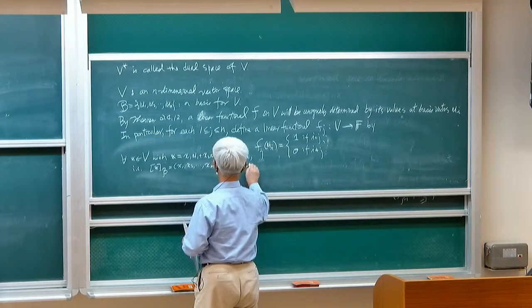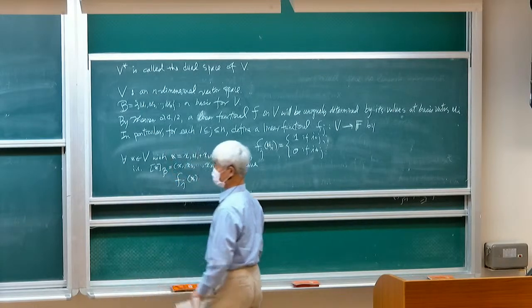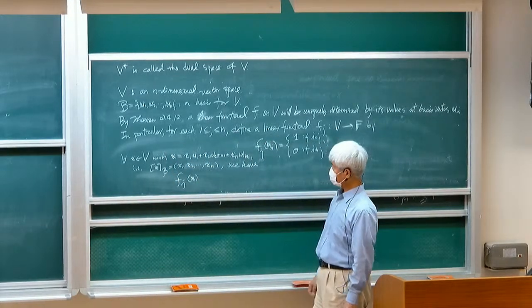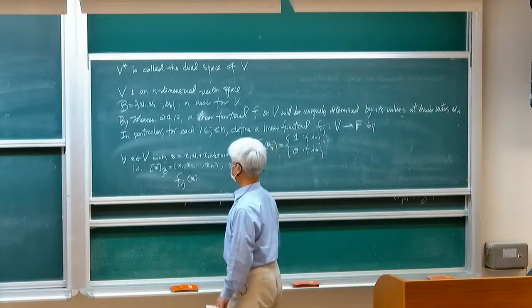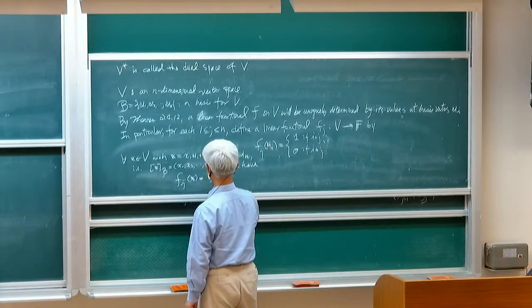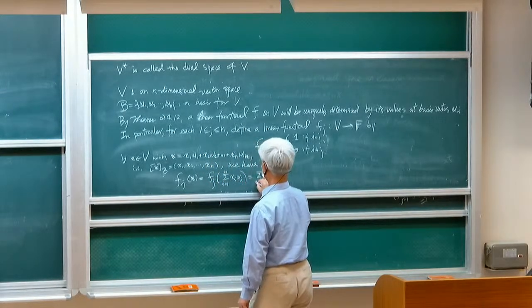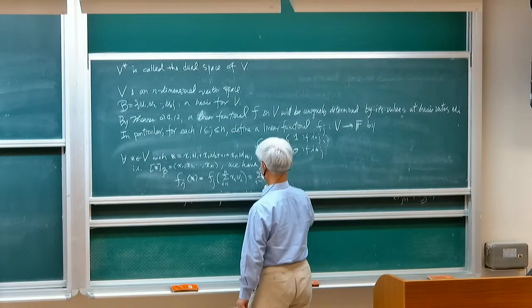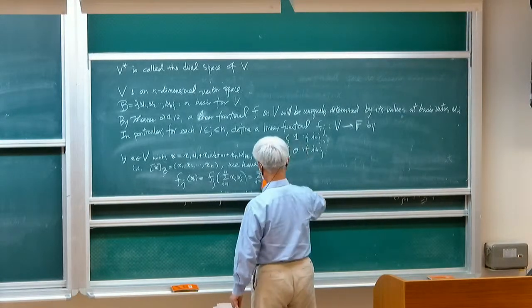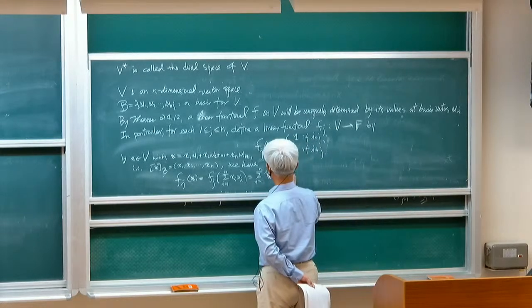Now, so fj of x, so let's look at the linear function at x, okay, so this is fj of the summation of xi ui, which is the sum of xi fj(ui).